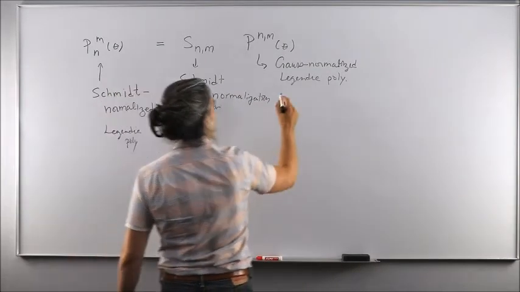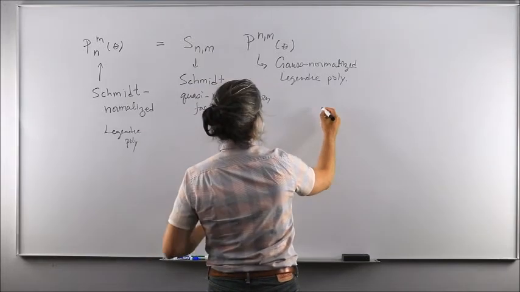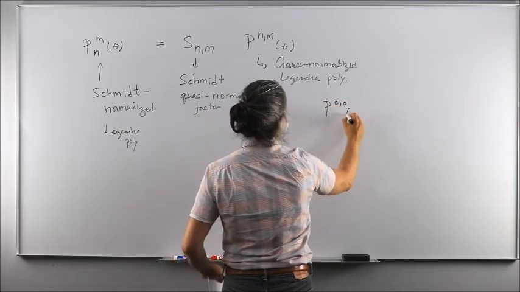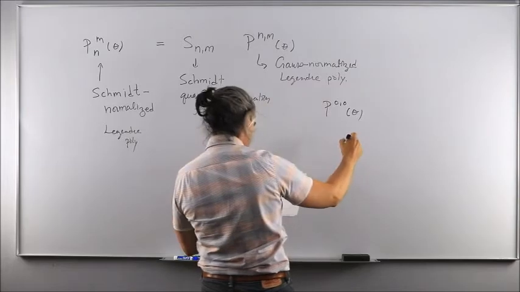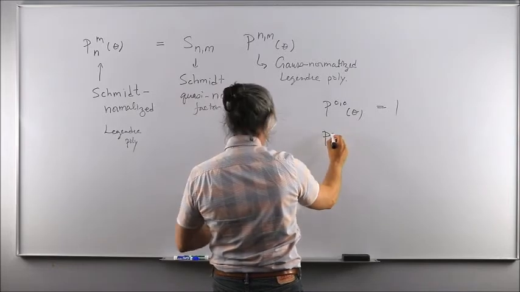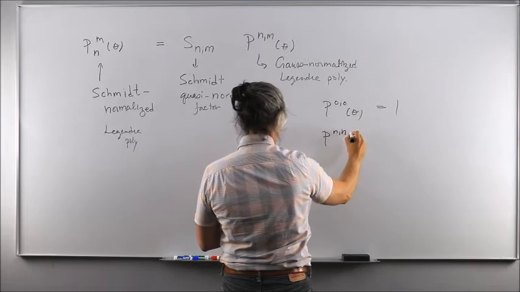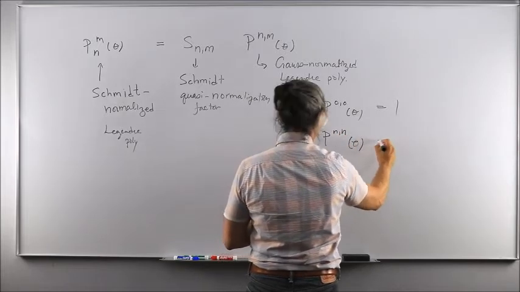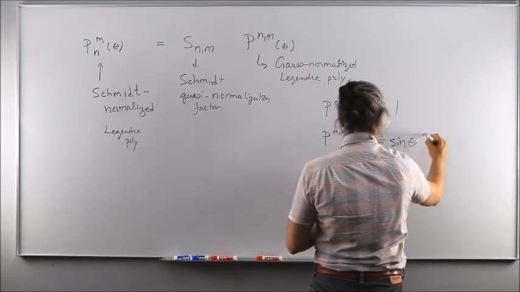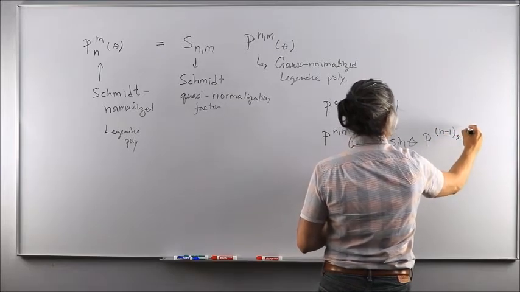So the Gauss-normalized polynomial can be easily obtained as follows. So P of degree 0, order 0, as a function of co-latitude, easy peasy, that's always equal to 1. Now P of any n, comma n, of co-latitude will be equal to sine of our co-latitude angle times P n minus 1, n minus 1.